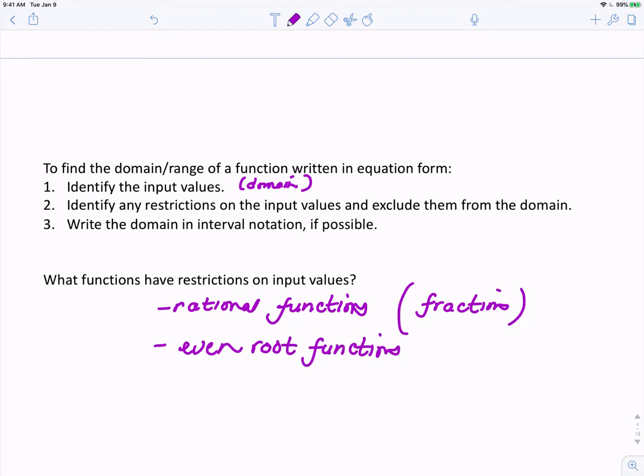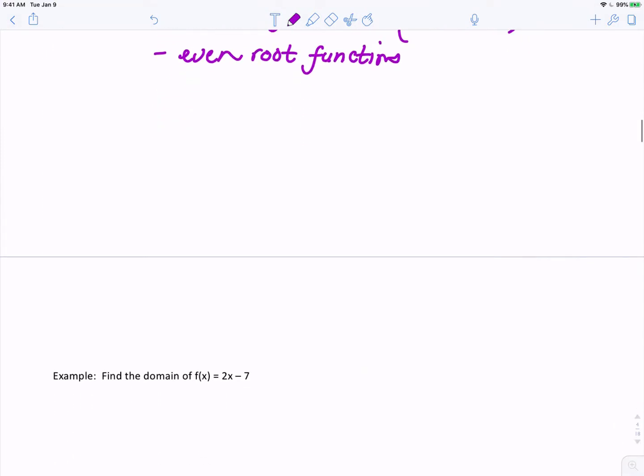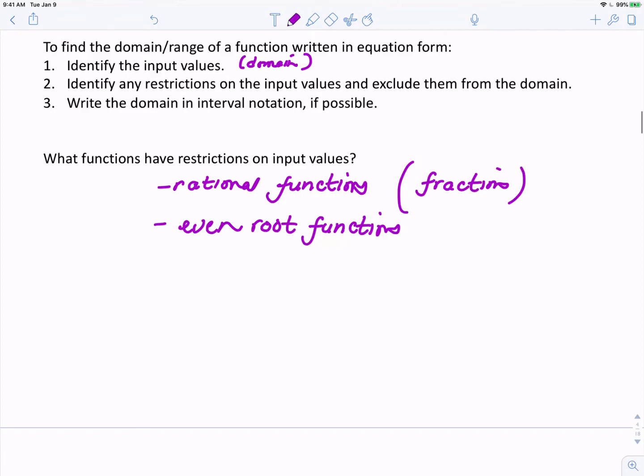For example, the square root, the fourth root, the sixth root. All right, so for all other functions, the domain will be all real numbers.